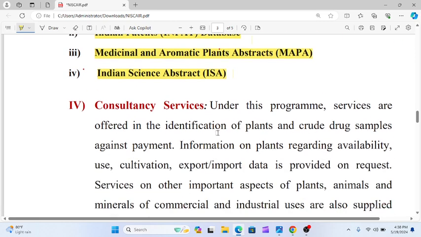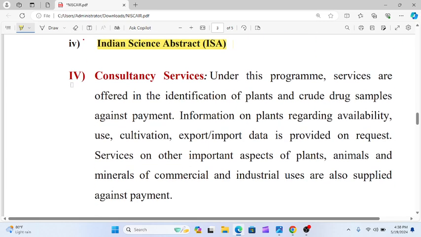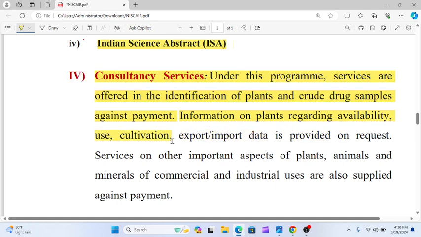Another one next is consultancy services. Under this program, services are offered in the identification of plants and crude drug samples against a payment. Information on plants regarding availability, use, cultivation, export or import data is provided on request.